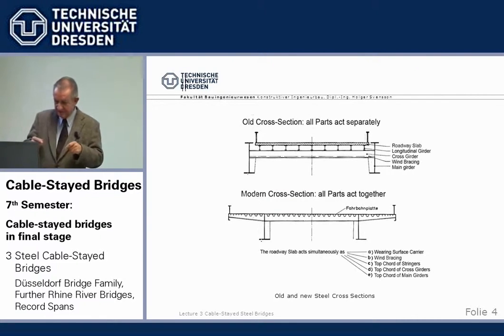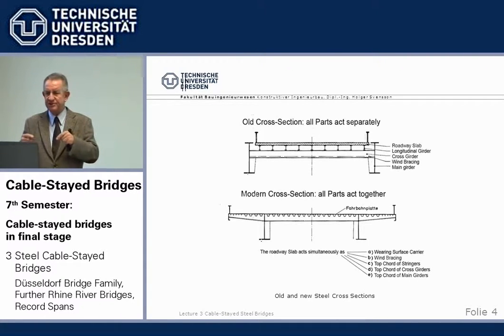The main change, which was very essential for the use of cable-stayed bridges, was the change in the general cross-section of steel bridges.